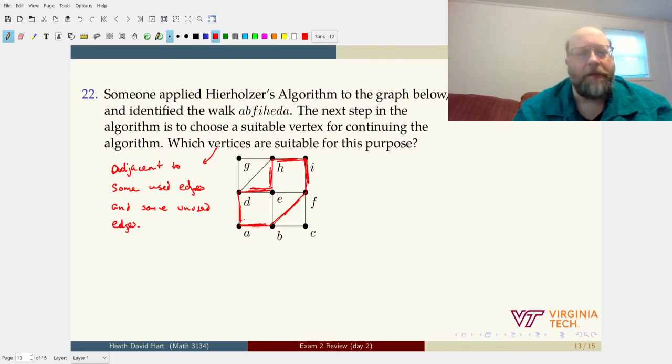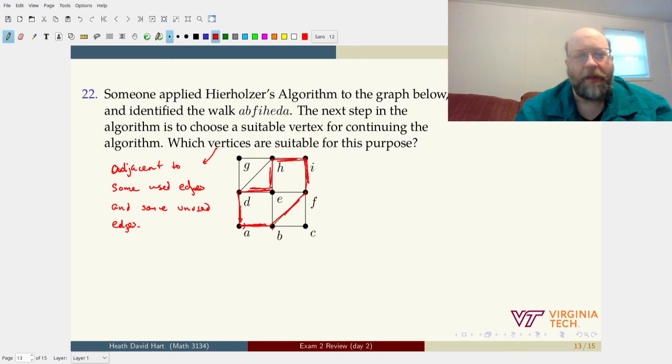And so A is not eligible because it's only adjacent to edges that we've already used. And C is not eligible because it's only adjacent to edges we haven't used yet. So we have to have a vertex that touches edges that are used and not used.